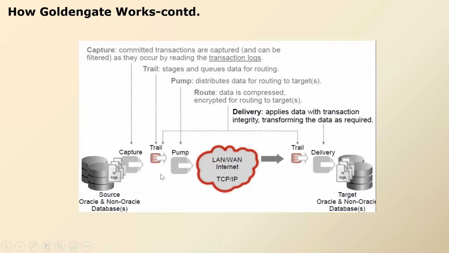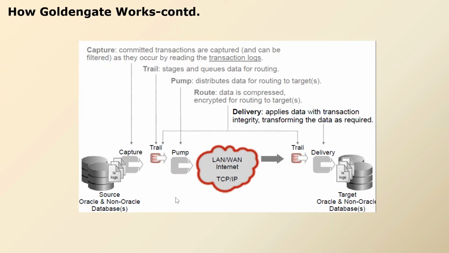Is it the same data pump as the Oracle database data pump? No. Remember one thing, this data pump process is the GoldenGate data pump. It has nothing to do with the database data pump export utility, the export import utility. This data pump process is used to pump the data from the local trail to the remote trail.